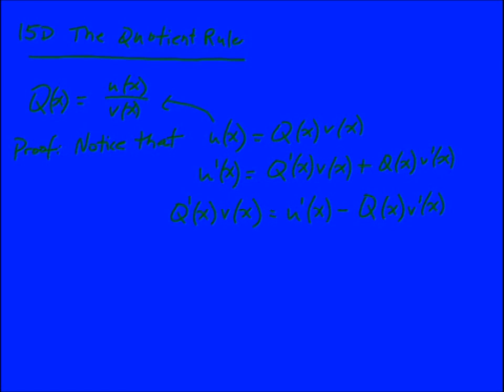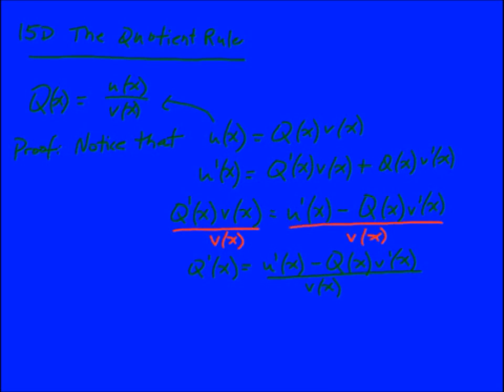Divide both sides by v gives us derivative of q equals u dash subtract q v dash, all over v.